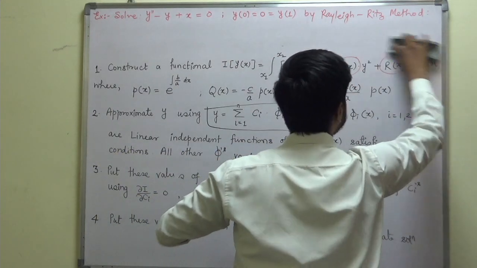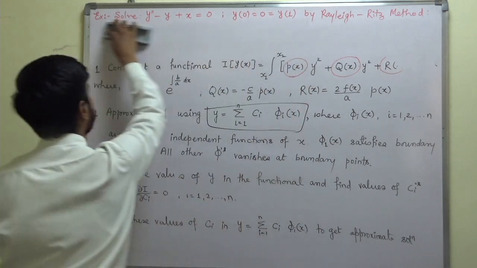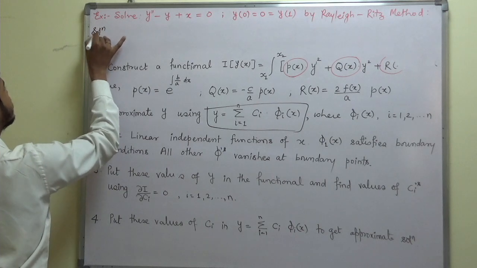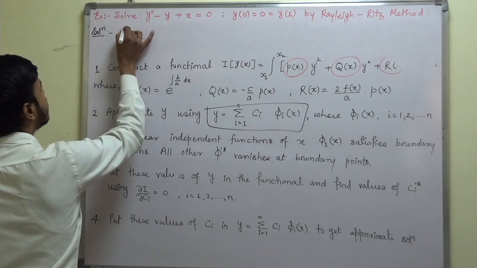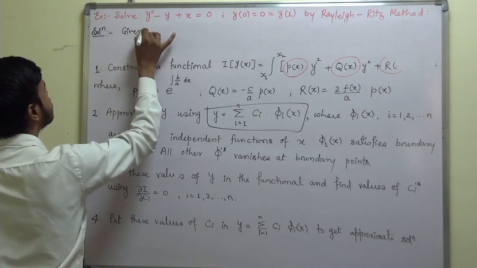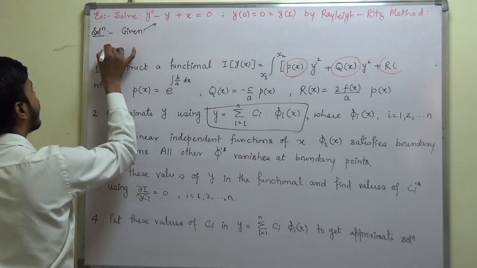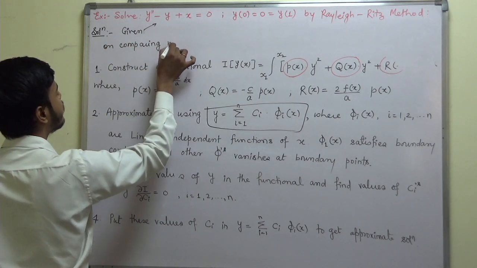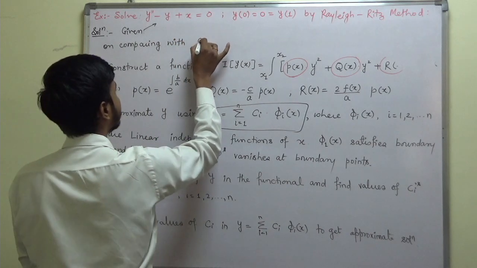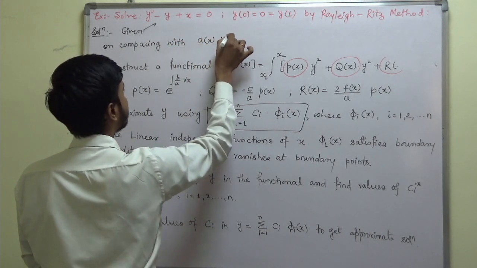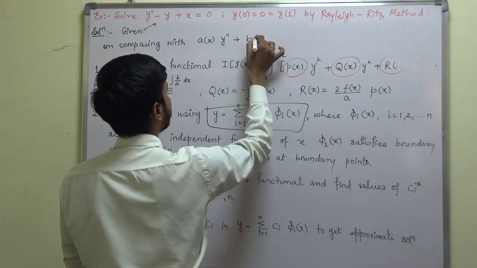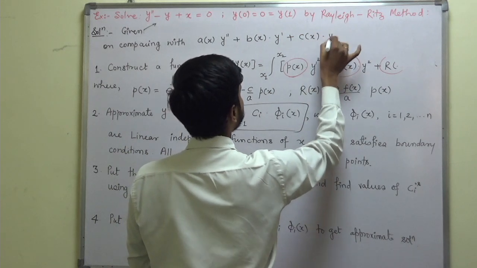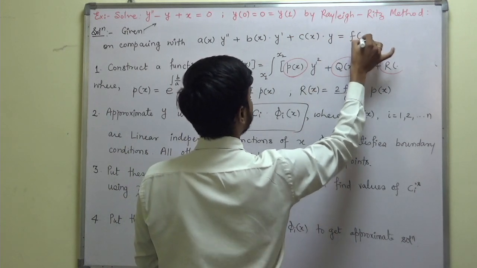If you want, you can write the given equation is this, and then you can continue. So let me write it as solution: given this, on comparing with a of x y double dash plus b of x into y dash plus c of x into y is equal to f of x.